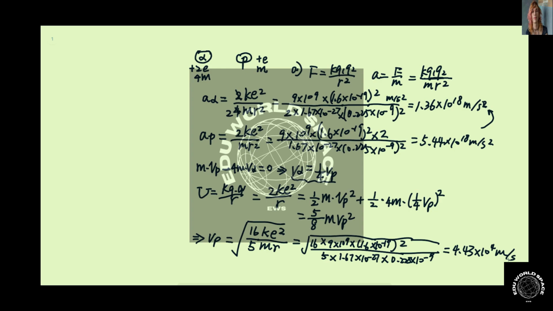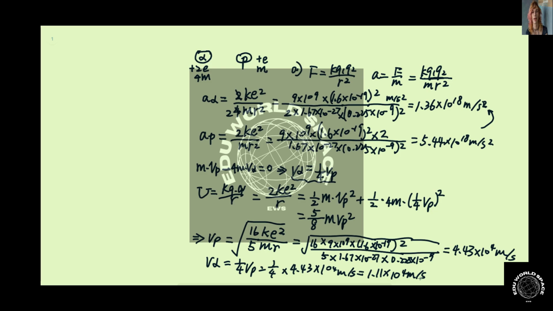And from here, we know that v alpha is 1/4 of v proton, so it's 1/4 times 4.43 times 10 to the 4 meters per second, which is 1.11 times 10 to the 4 meters per second.